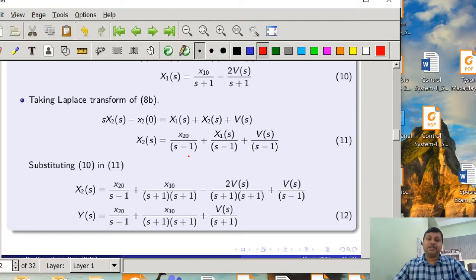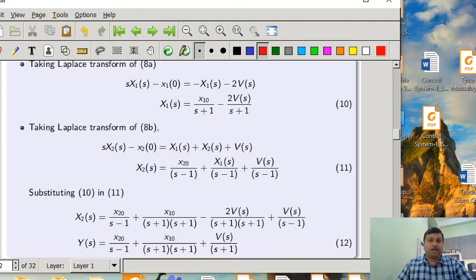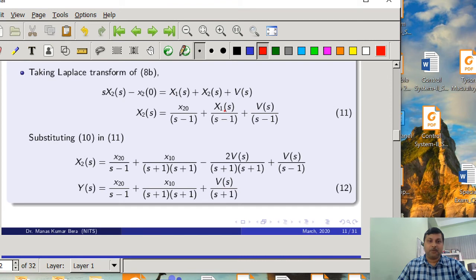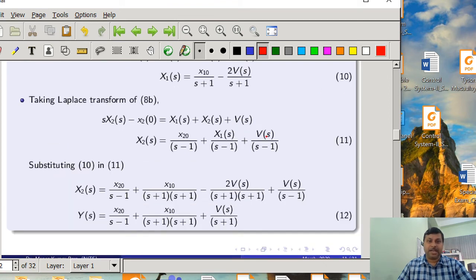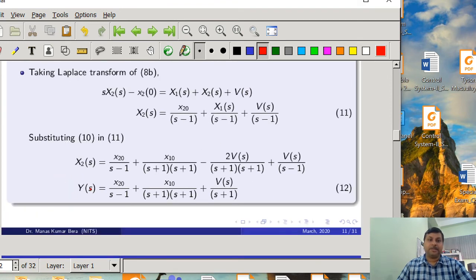Now our intention is to know the output. The output is X2(s), which depends on X1(s), so I have replaced the expression of X1(s) in equation 11, and ultimately the output expression Y(s) will be equal to this.